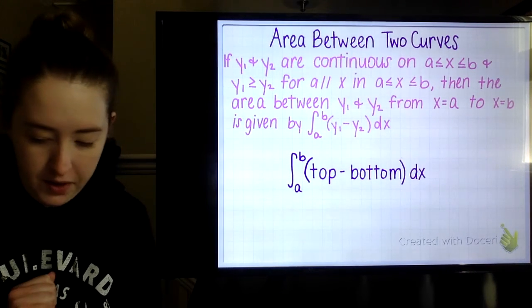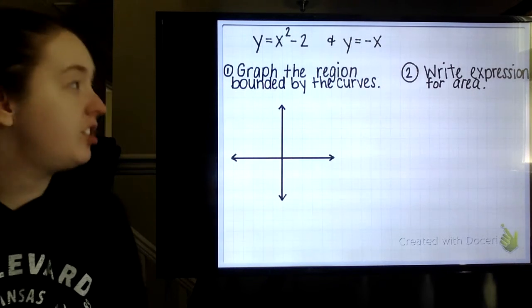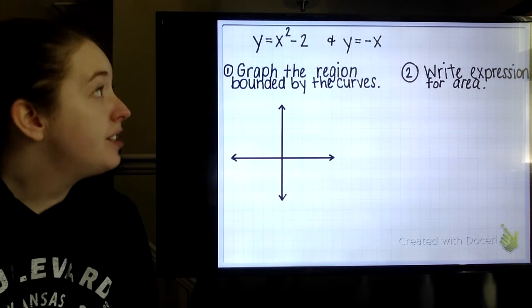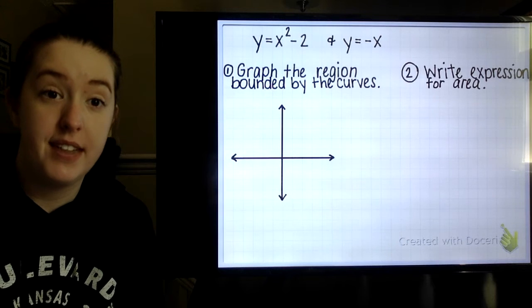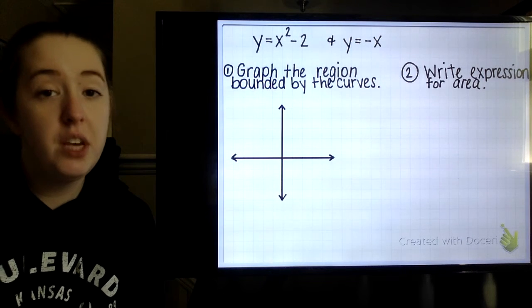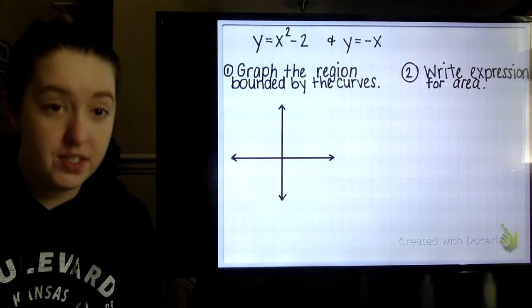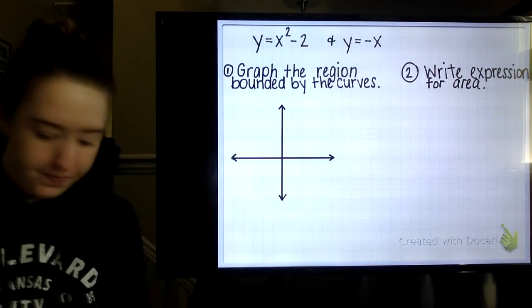So, first thing. We want to find the area between the curves y equals x squared minus 2 and y equals negative x. So the first thing you want to do is graph the region bounded by the curves, which basically means, hey, graph the situation, figure out what's going on.